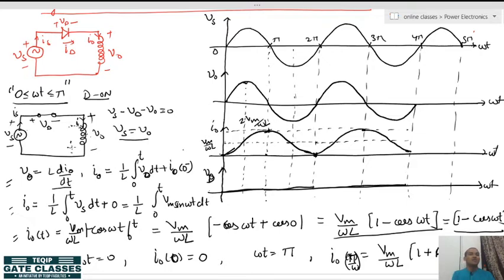It means that whenever we use a pure inductor as a load in any rectifier circuit, the rectification never takes place. The switch always remains short circuited, and whatever the supply voltage is appears across the load, meaning no rectification happens. That is why we do not take a pure inductive load for rectification purposes.